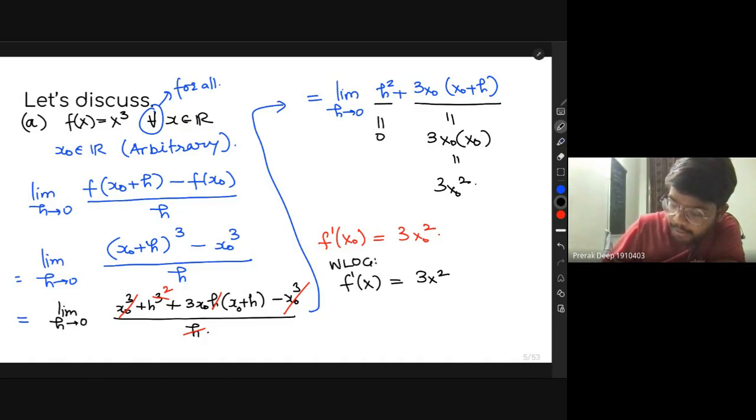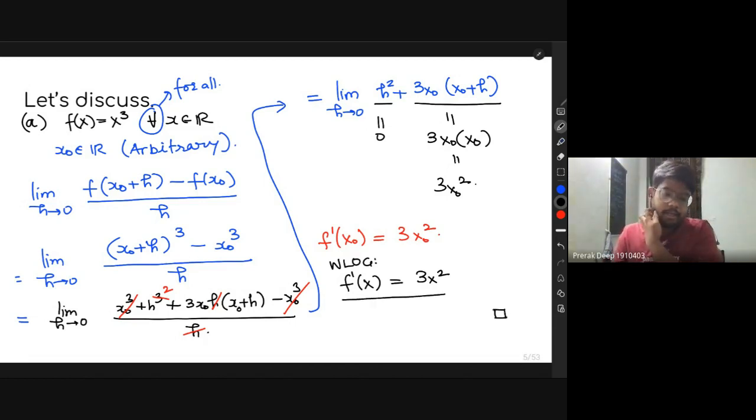Without loss of generality, I can write this. So this completes the first part of the question. Okay, is this clear?